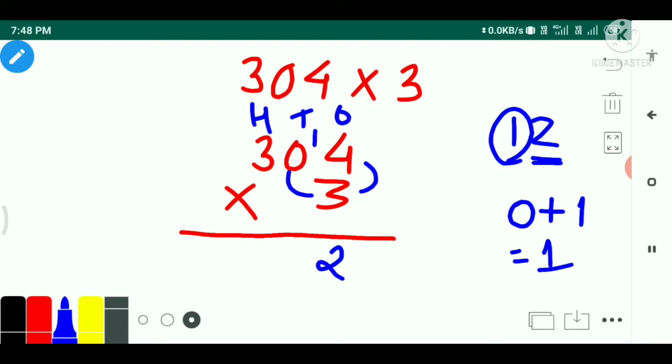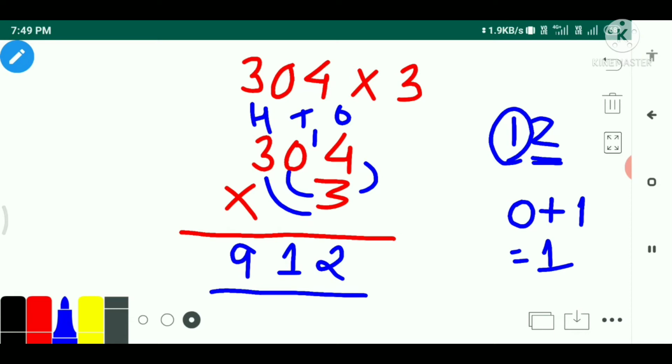So we'll write 1 here. Now let's move to the 100 place value. 3 into 3 is 9, right? So our answer is 912.